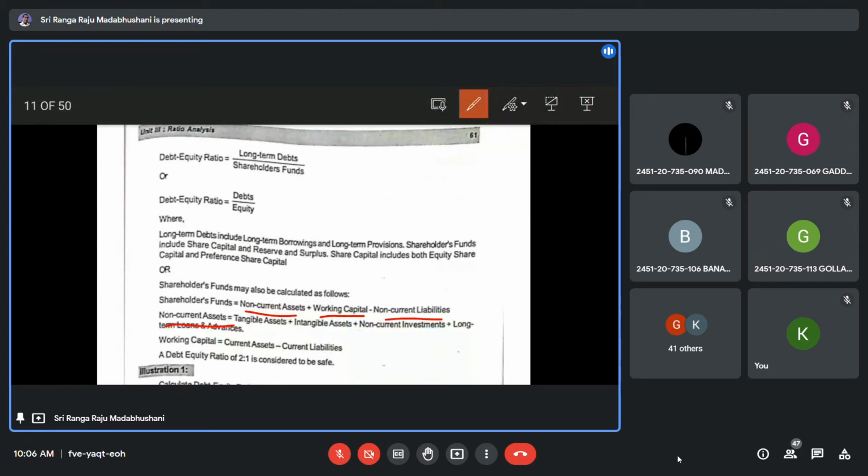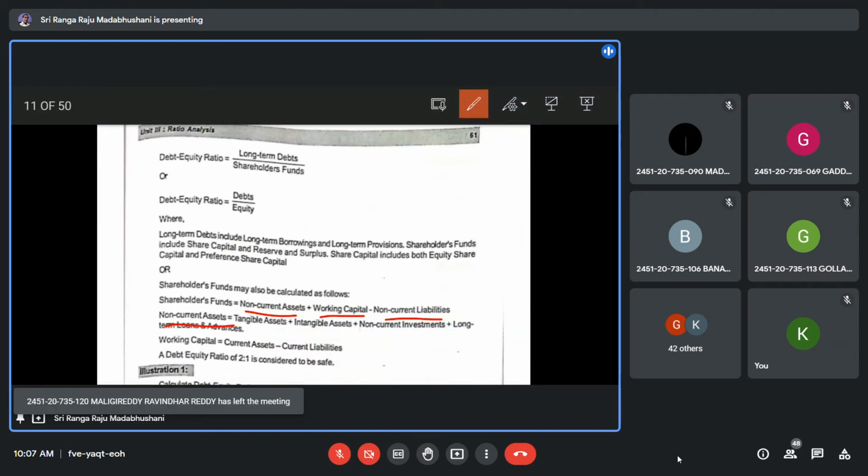So non-current assets means tangible assets, intangible assets, that is the fixed assets, and non-current investments, the investment made for a longer period, then long-term loans and advances, if any. You have to add all those, then you will get non-current assets.